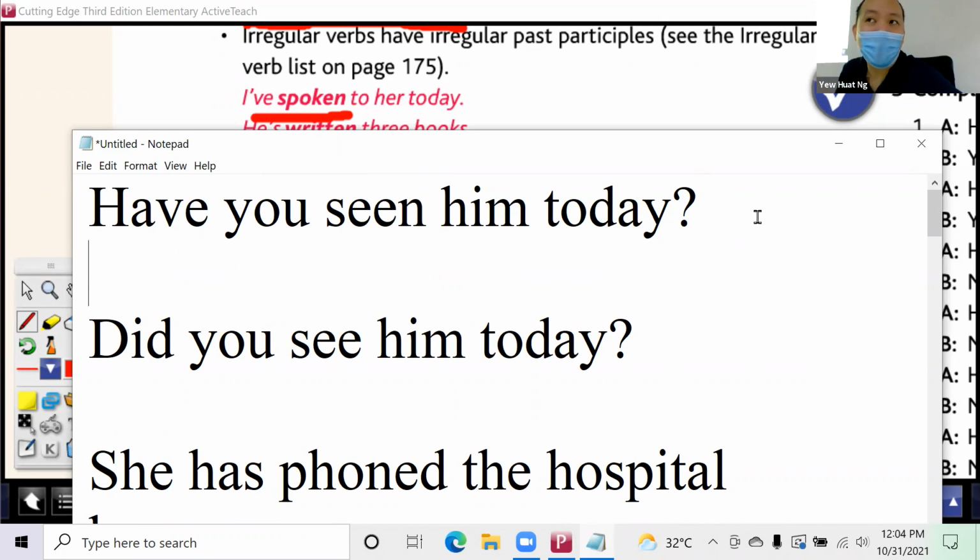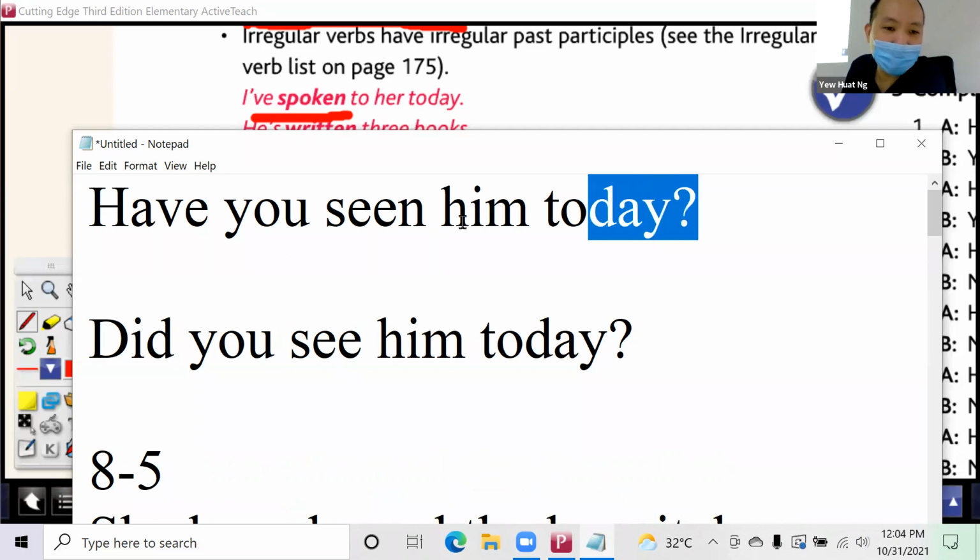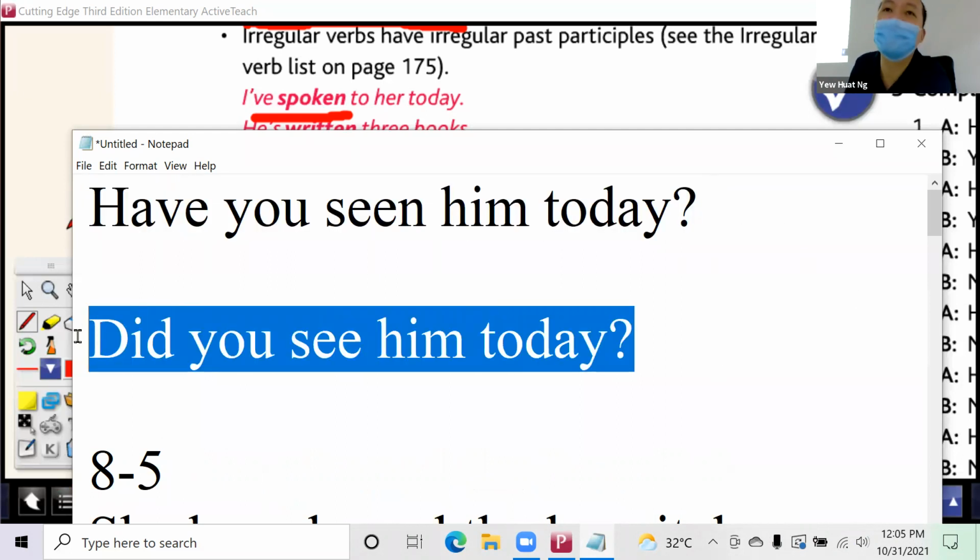So let's say your normal working hours is 8 to 5, okay? 8 to 5. When do I use this and when do I use this?